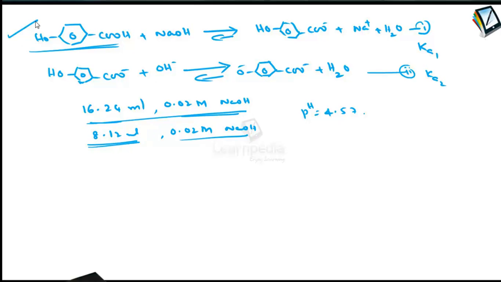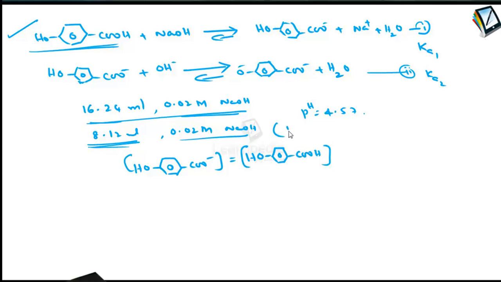In other words, complete equation 1 will take place. And half the neutralization corresponds to the concentration of HO-C6H4-COO minus formed and the original acid taken being equal, because it is half the neutralization.